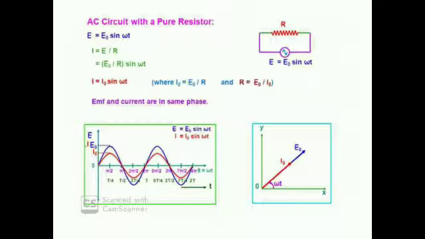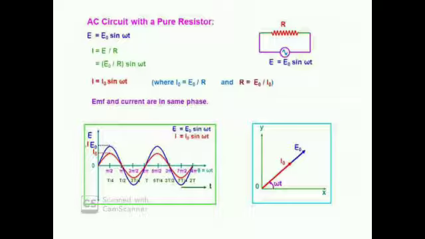Let an alternating EMF E = E0 sin omega t be applied to a circuit of non-inductive resistance R. I is the current in the resistance at any instant t, where E is the instantaneous and E0 is the maximum value of applied alternating voltage. The potential difference across resistance is IR. This must be equal to the applied EMF E. So IR = E = E0 sin omega t.